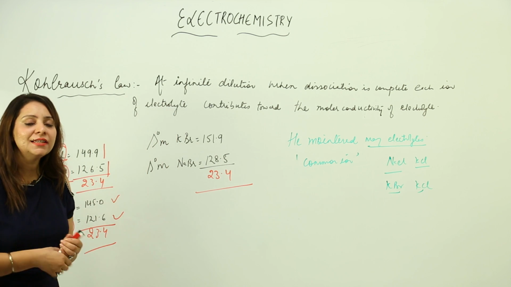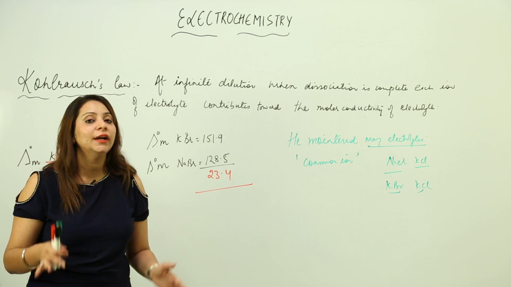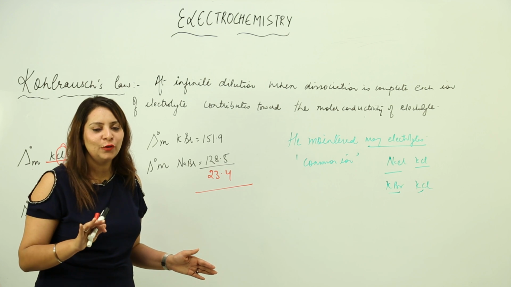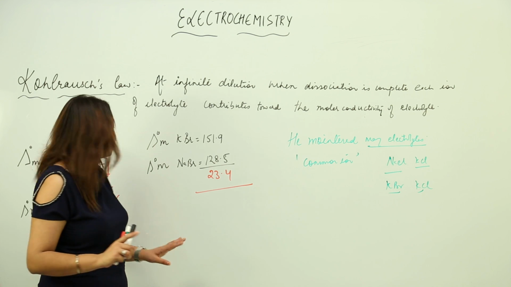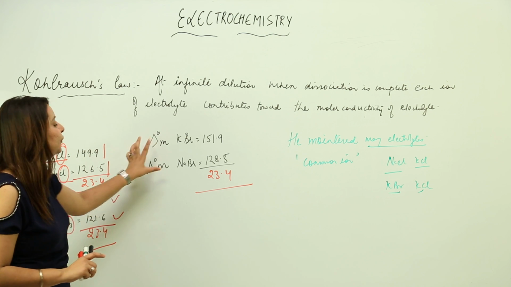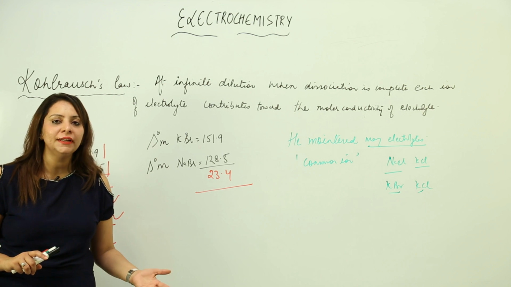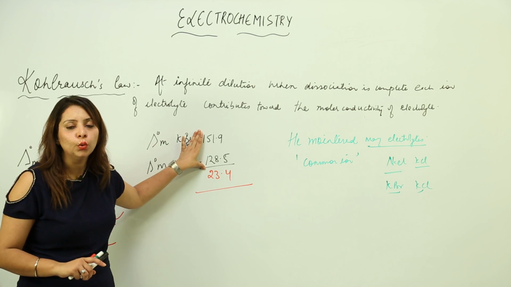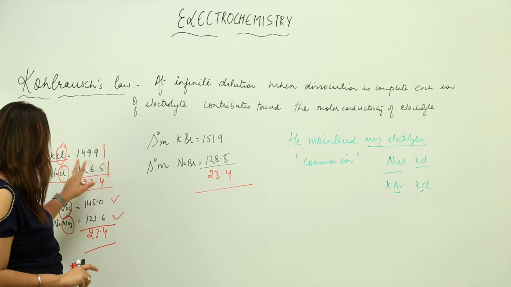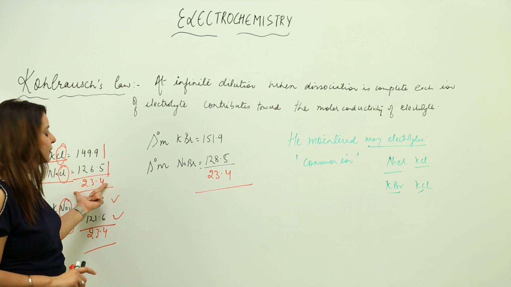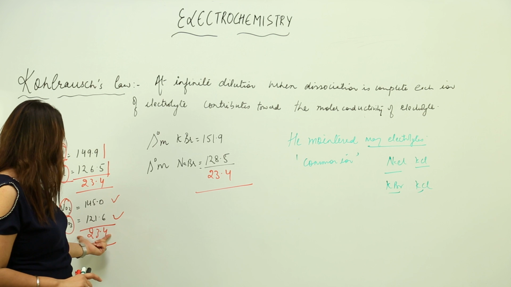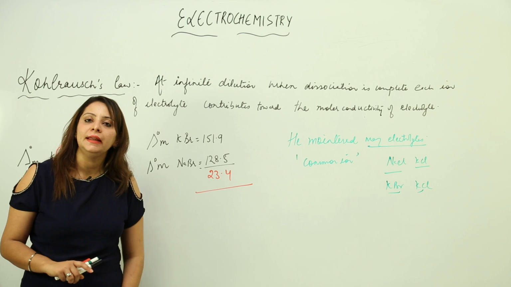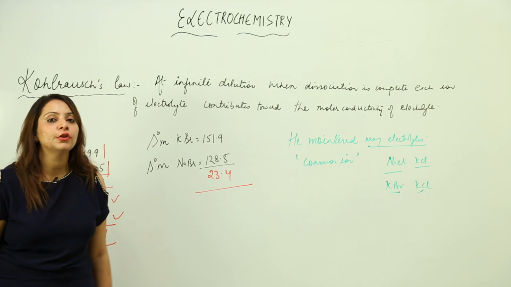So he said that if you take electrolytes which have one common ion, and one thing I want to make clear is that only one ion should be the same, not both, then the difference between the molar conductivities of the two is always the same. For KCl and NaCl the difference was 23.4, for KNO3 and NaNO3 it was the same, and the same for KBr and NaBr. So this led to the formulation of the Kohlrausch Law.